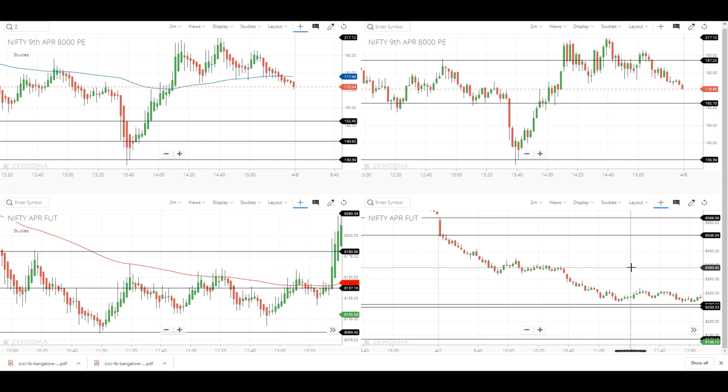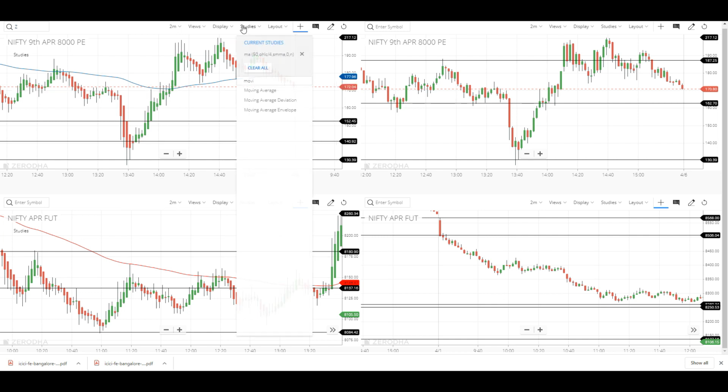Here is the simple strategy. I just have one screen which will show you four different setups: one with the normal, one with the setup, and one without the setup. So we'll try to understand what the setup is. I'll quickly take you to the settings which are required. I'm currently using Zerodha charts.